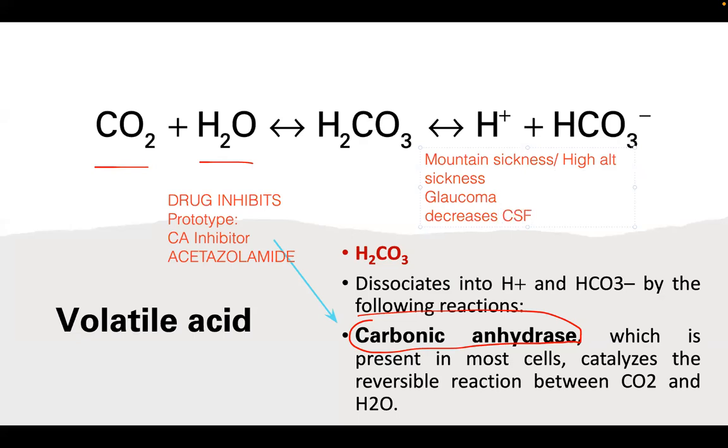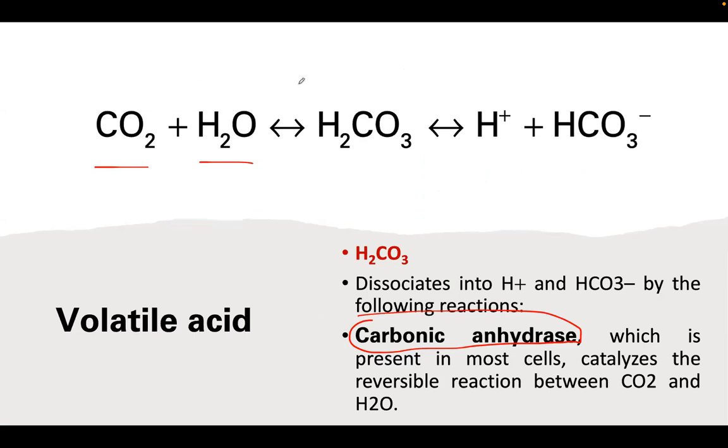So it's used in cases where there is elevated intracranial pressure. But tip, always remember, if you're asked which is the best drug to decrease intracranial pressure, it is mannitol, not acetazolamide. Mannitol is more effective for increased intracranial pressure. So always remember that.